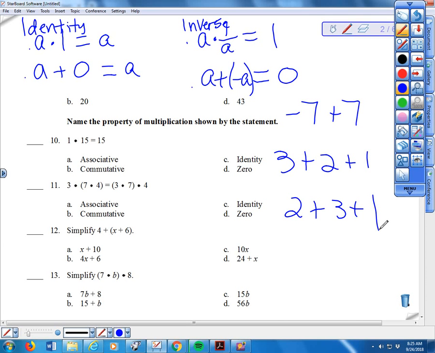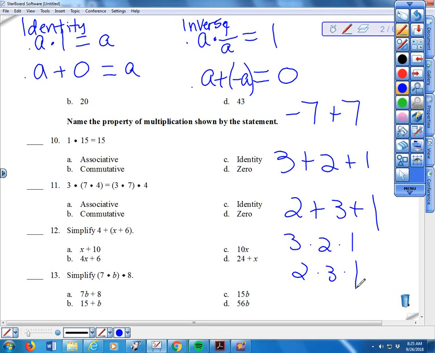With commutative property of multiplication, I can change the order of what I multiply. 3 times 2 times 1, or 2 times 3 times 1. Get the same answer. Do you see how I'm not associating anything? So it's not the associative property. What I'm doing is I'm changing the order.